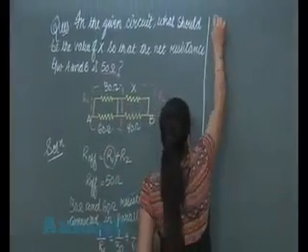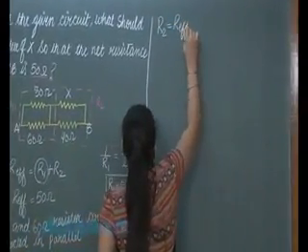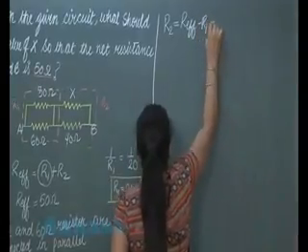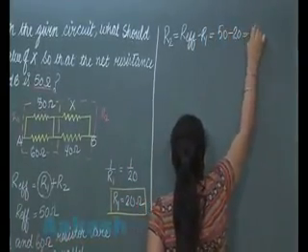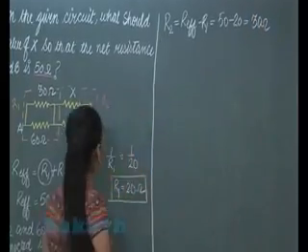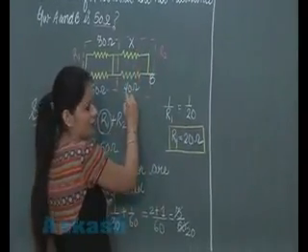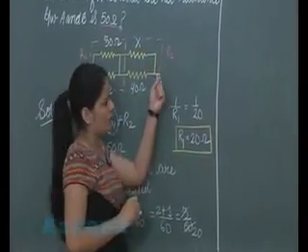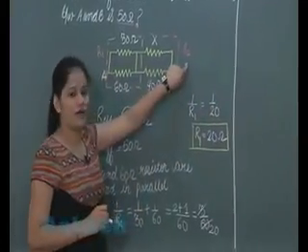R2 is equal to R effective minus R1, which is 50 minus 20, which gives us 30 ohm. So student, the resistance of X and 40 is R2, which is 30 ohm. So student, we have found out R2 also.